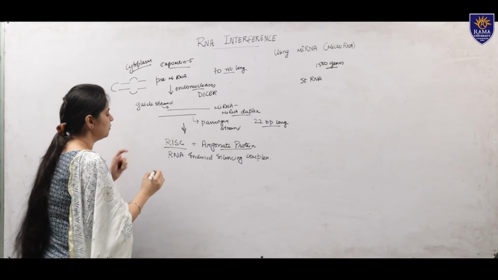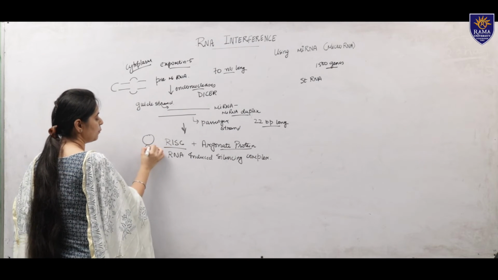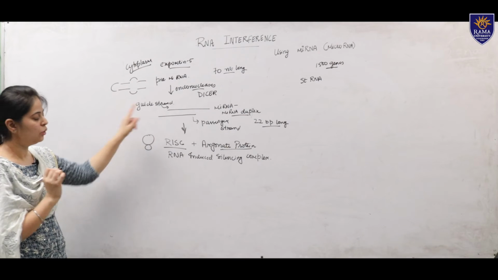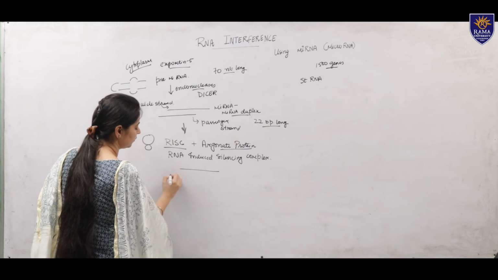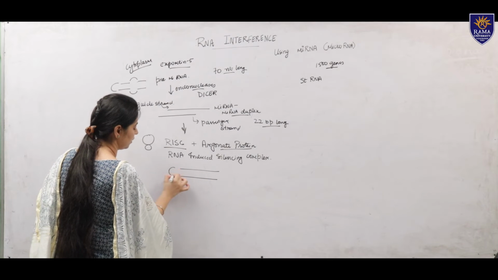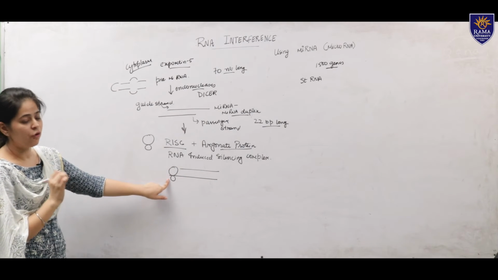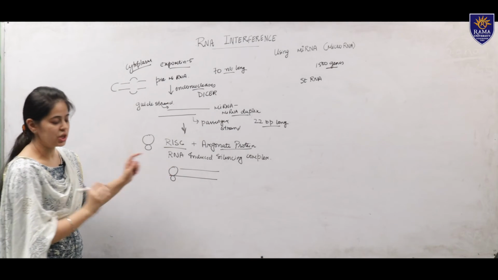This RISC, with the help of the Argonaute protein, binds to the miRNA duplex. This Argonaute is responsible for the degradation of the passenger strand.